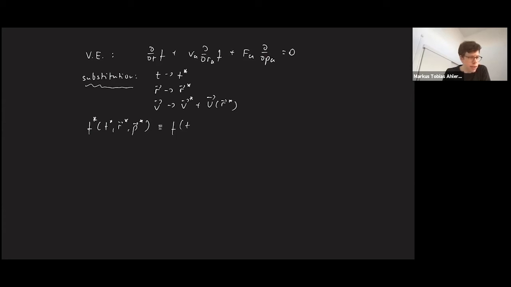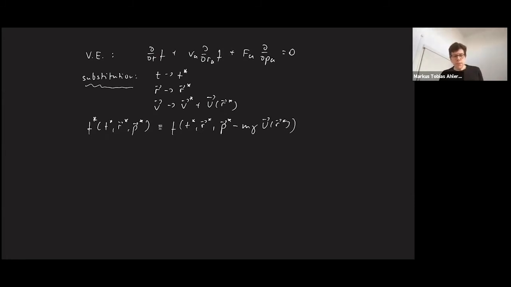So this is T star, R star, and then here I have P star, which has to be corrected for this bulk motion term, which is minus m gamma. This is P0 in natural units times the velocity that I introduced, and this will then again depend on R star.